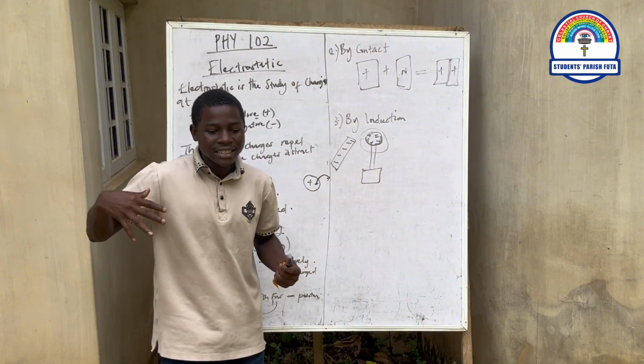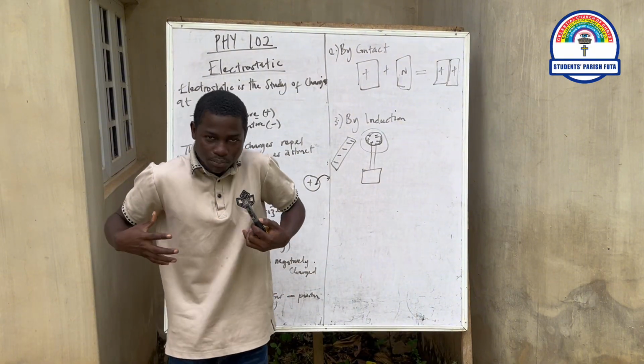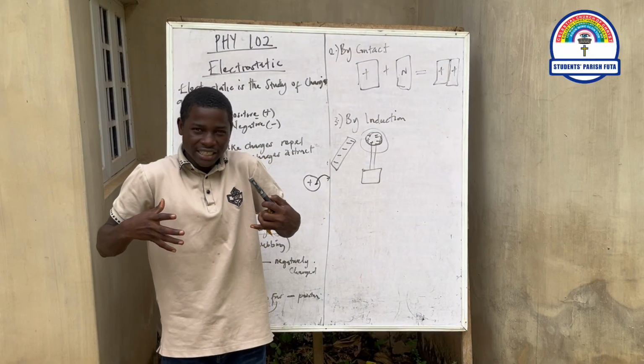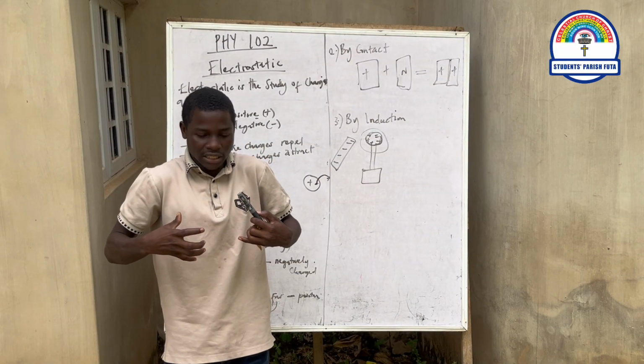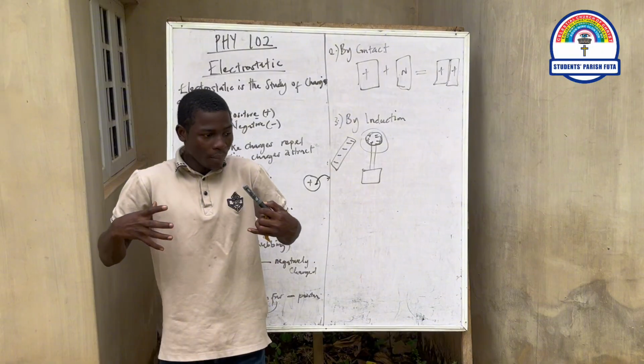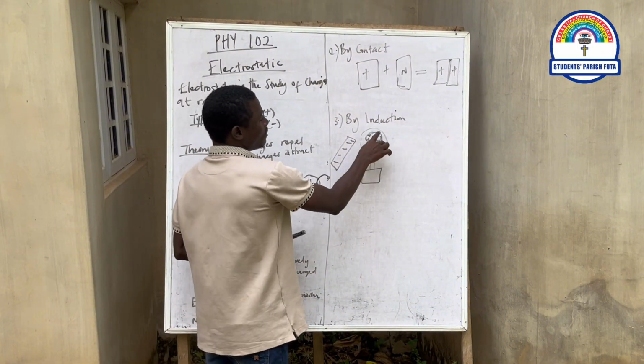So when it sees something that disrupts it, it brings out the positive and negative that were working together to give it a neutral charge. So you have positive and negative charge here.